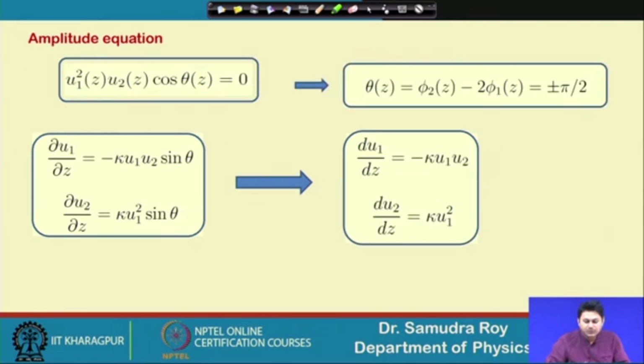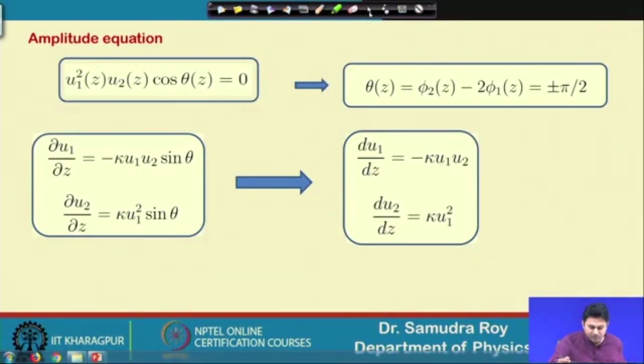So, essentially we will deal with these two equations, which are du1 dz equal to minus kappa u1 u2, and du2 dz equal to kappa u1 square.